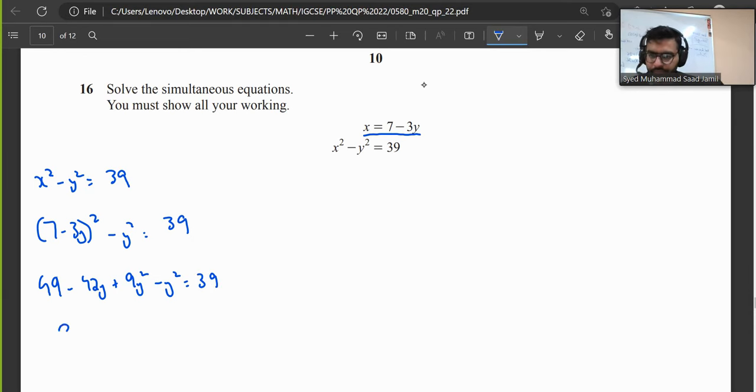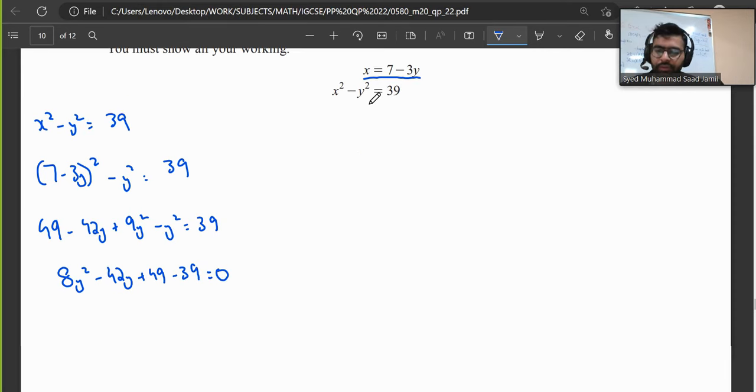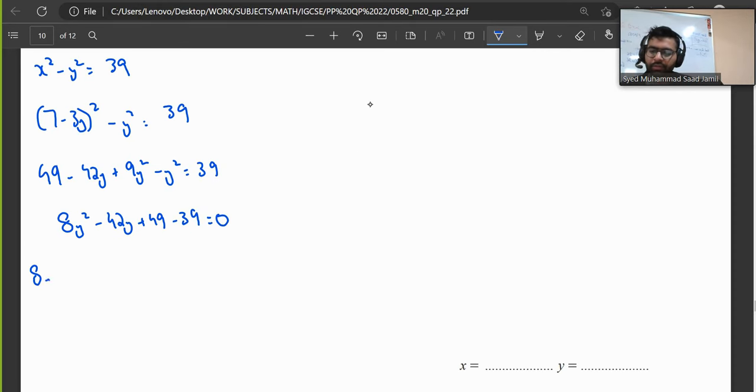So 8y squared minus 42y plus 49 minus 39 is equal to 0. So this turns out to be 8y squared minus 42y plus 10 is equal to 0.